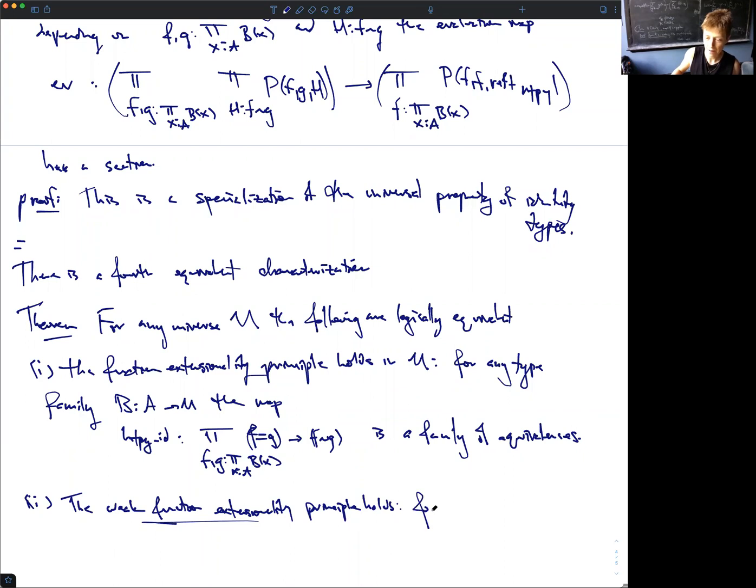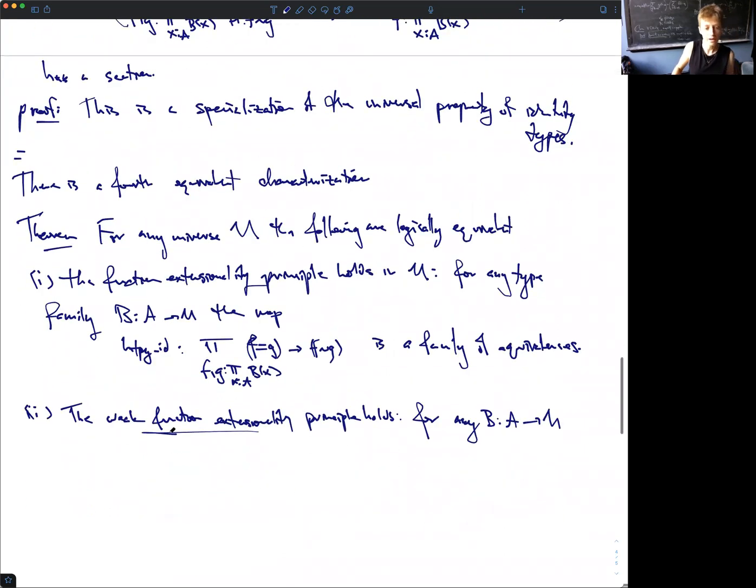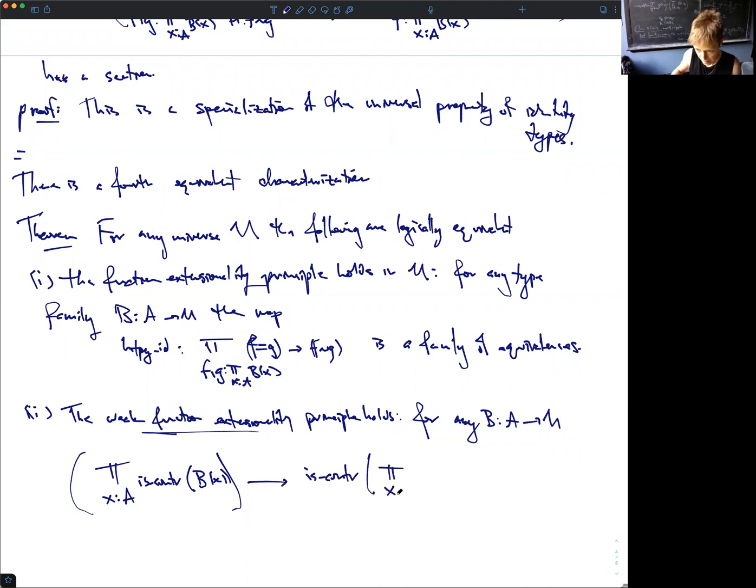It says for any type family B from A to U, on the one hand, we could consider the hypothesis that for all x in A, the fiber over x is contractible. So B of x is contractible. That's an assertion. And what weak function extensionality says is that it follows that the entire dependent function type is contractible.